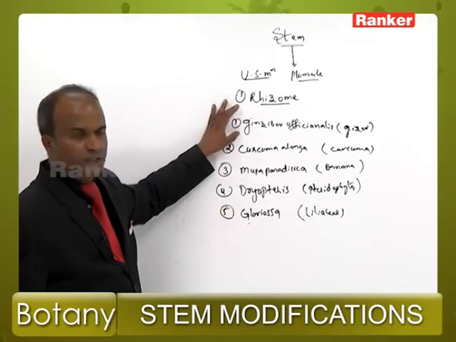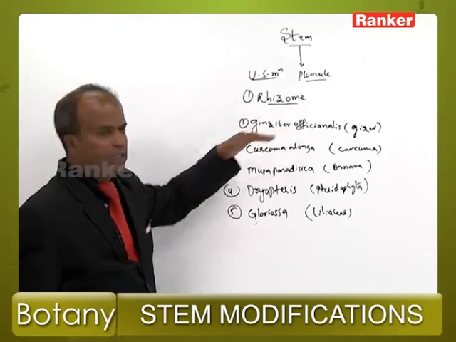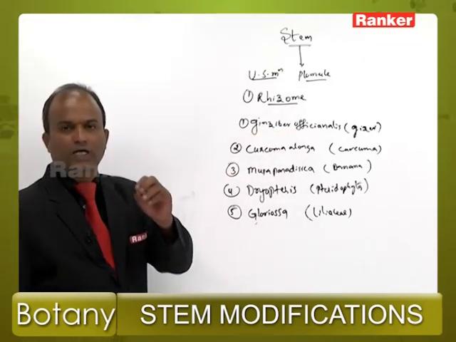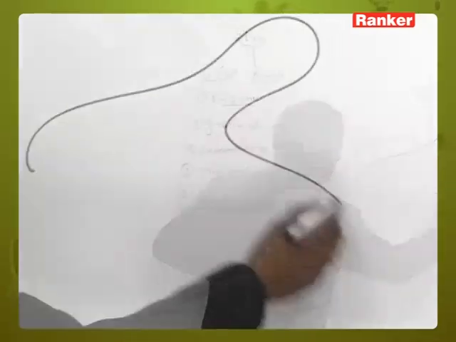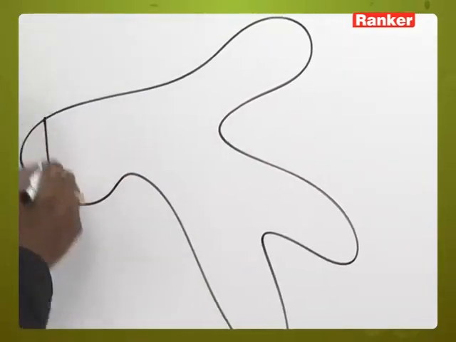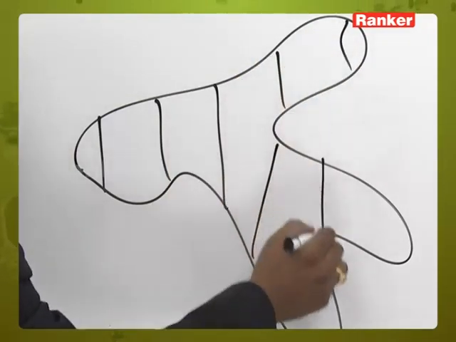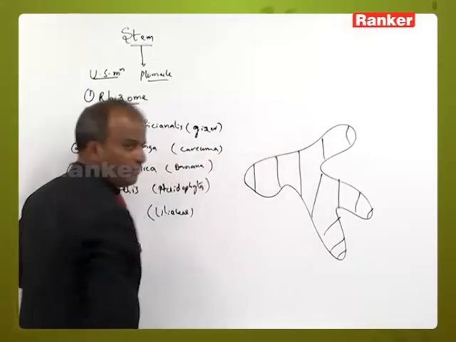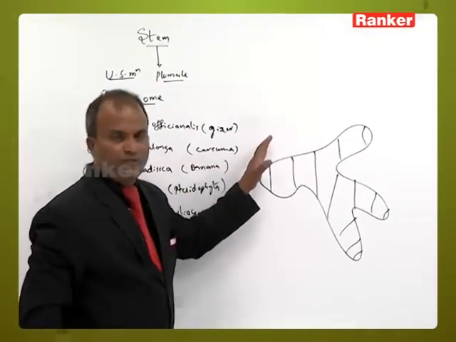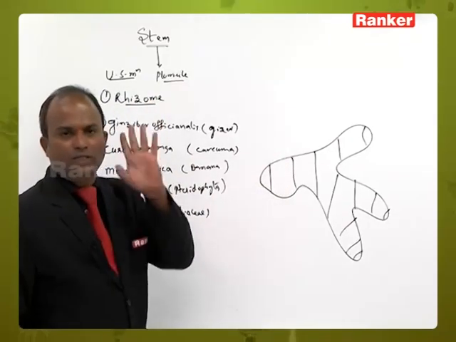And here in your textbook, they explained with the diagram of Zingiber officinale. Here, in this Zingiber officinale, the rhizome is dorsiventrally differentiated.